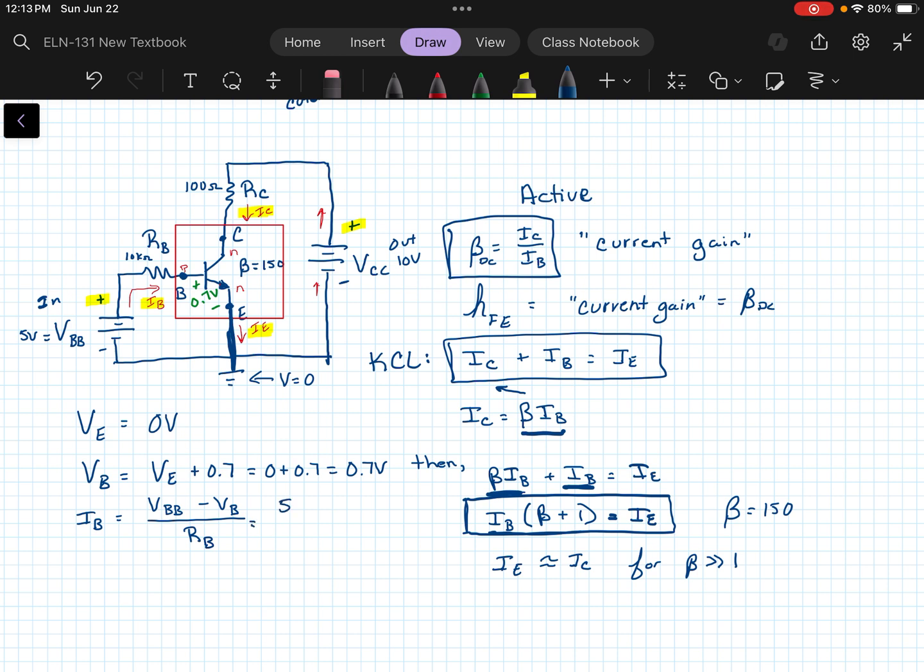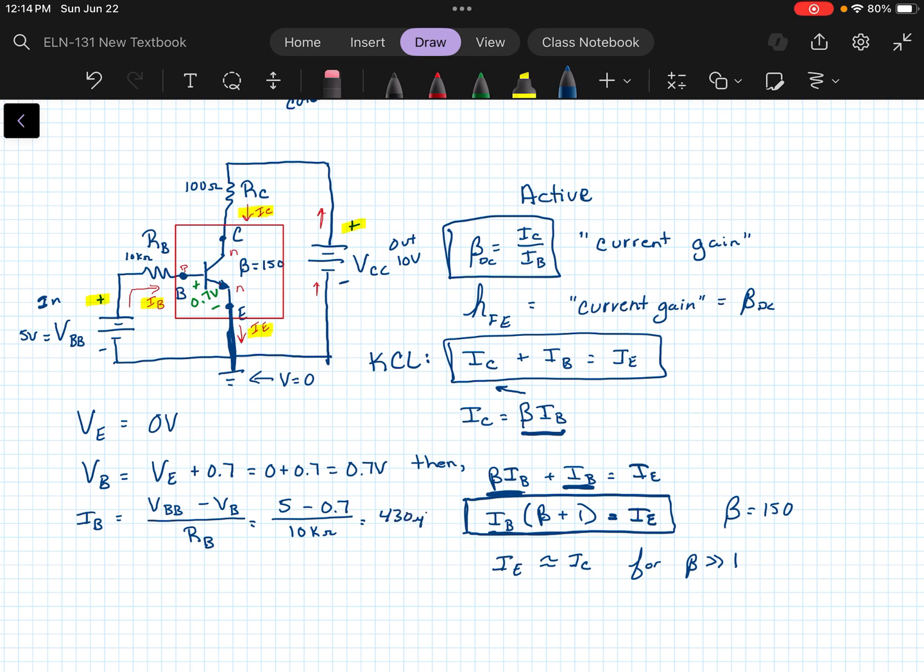So if we're applying 5 volts at VBB and we have 0.7 volts on the other side of our 10K ohm resistor, then we should be able to use Ohm's law to figure this out, which would give us about 430 microamps.